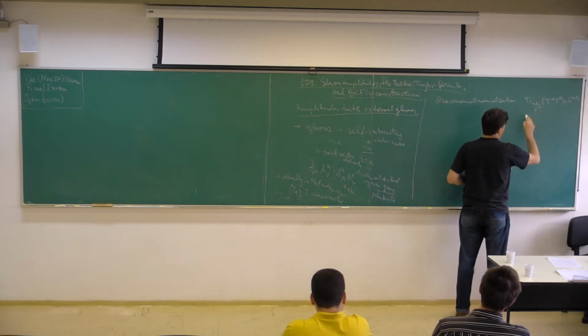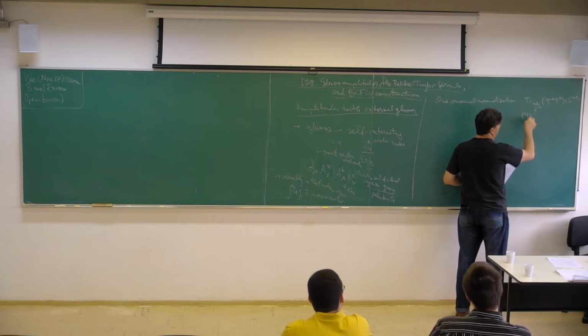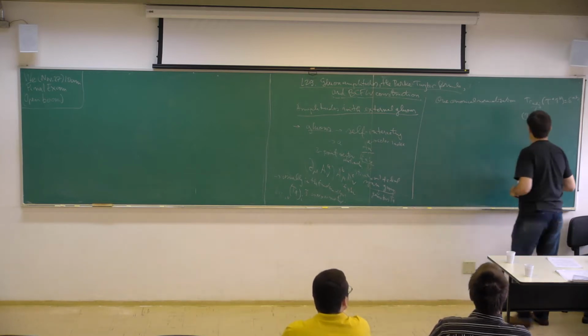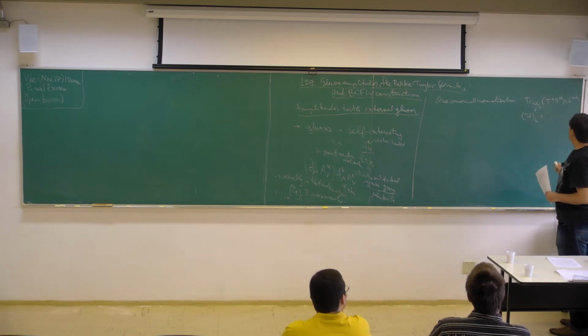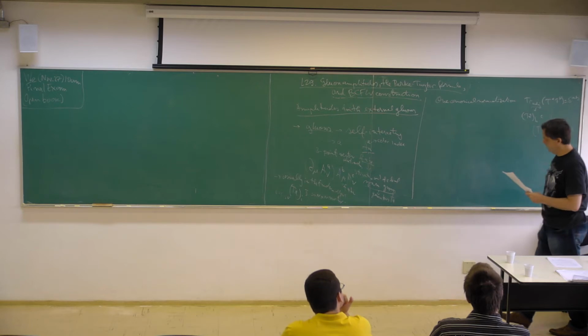This means that the trace is considered in the adjoint representation. An adjoint representation means that it has the same kind of indices as the index A on the generator itself. So this would mean (T^A)_{BC} (T^B)_{CD}, this would be trace in the adjoint.